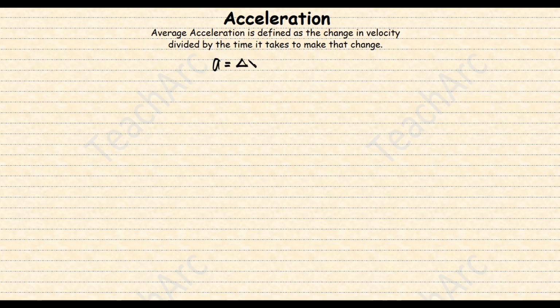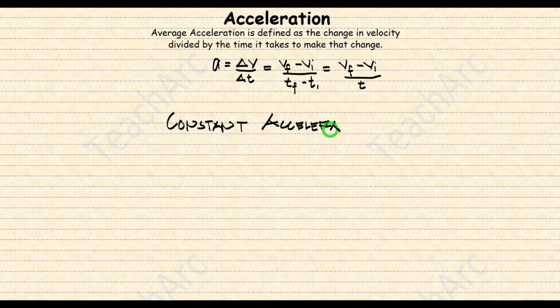Mathematically, a is delta v over delta t, or the final velocity minus initial velocity over final time minus initial time. If we started from time equals 0, we can simplify our formula. I will be focusing on constant acceleration in this video, also known as uniformly accelerated motion.